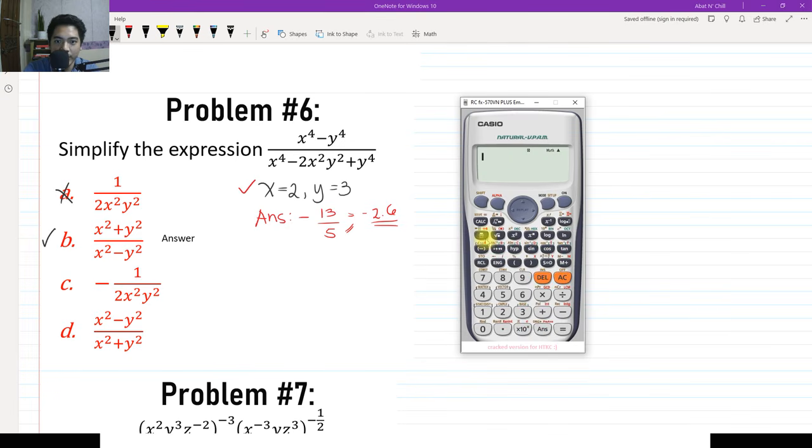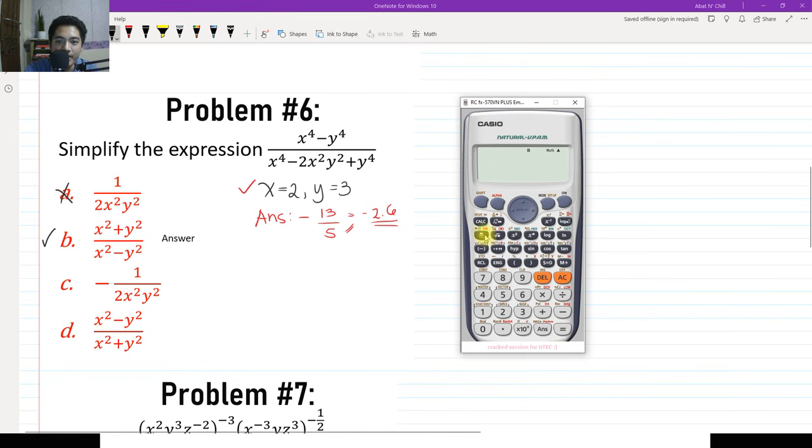For you to be sure, you try letter C and letter D. Letter C is negative, by the way, a fraction with 1 all over 2 alpha x squared alpha y squared. Then calc with 2 and 3, equal sign: negative 1 over 72. So that is still not it.